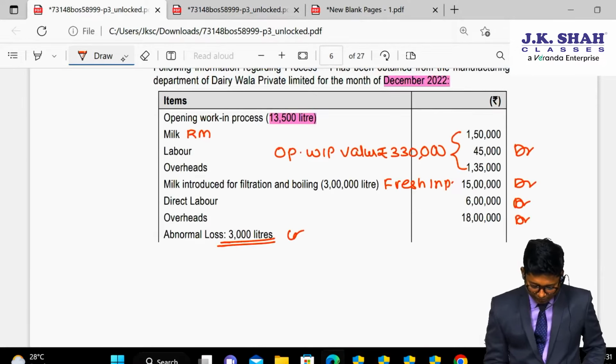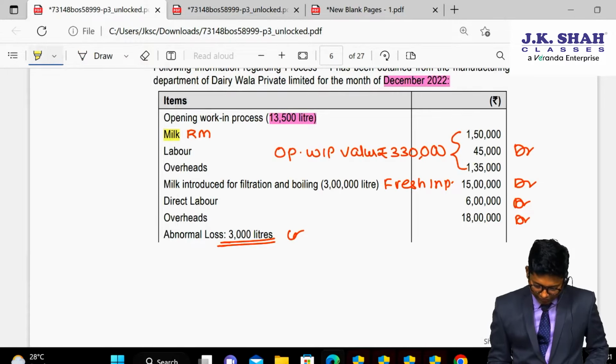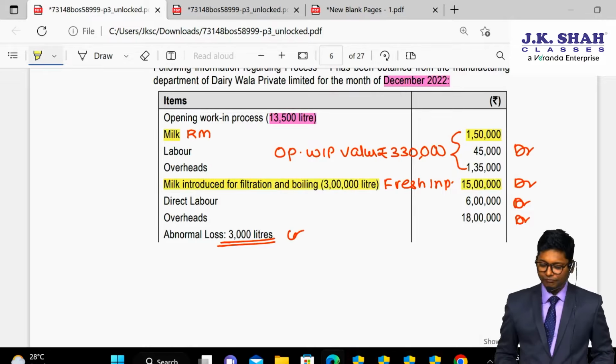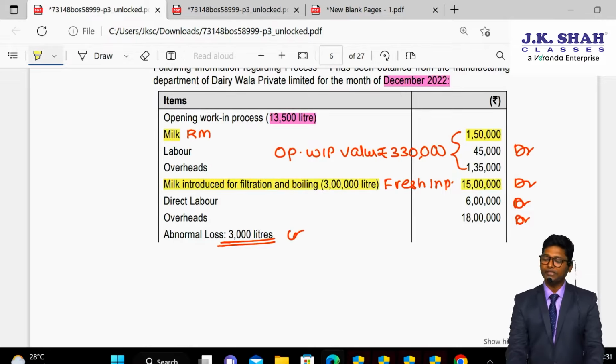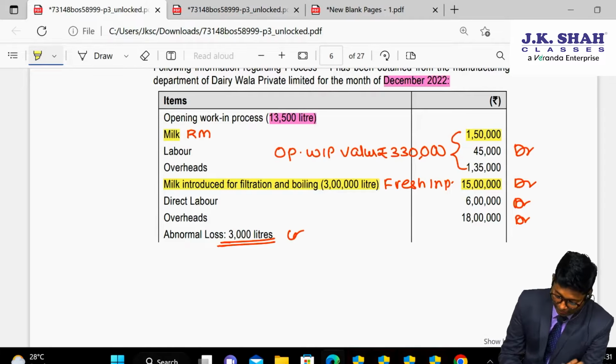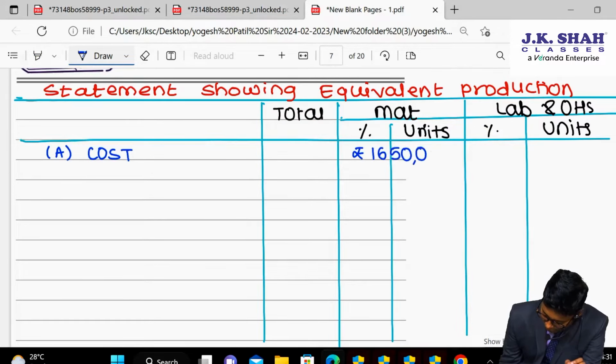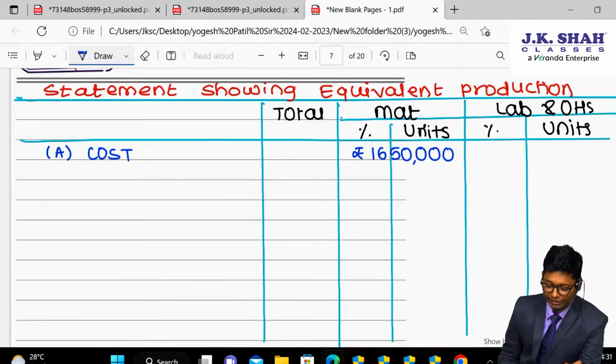Material is milk, and the very first material cost associated with opening WIP is 1,50,000, and in addition you have introduced further material amounting to 15 lakh. In all, the material in your production process is valued at 16,50,000. There is no normal loss figure, that's why it is recorded.